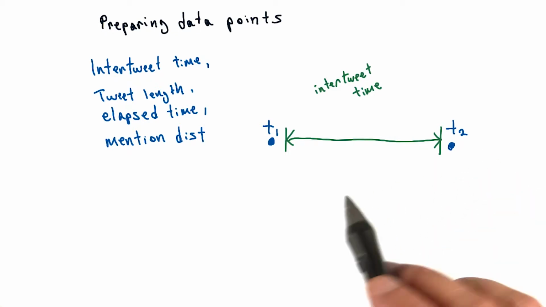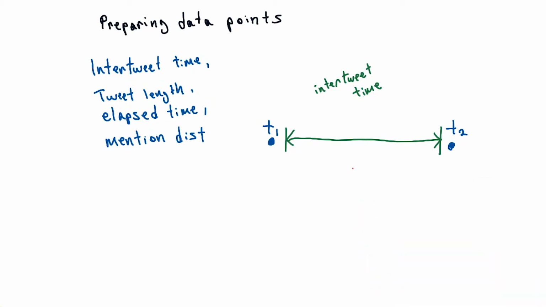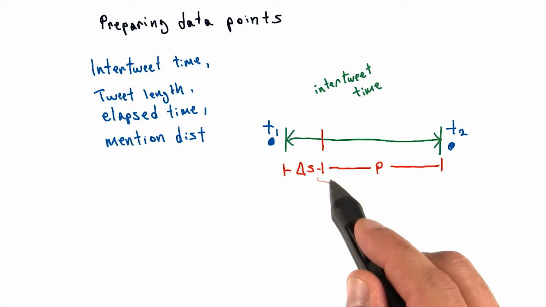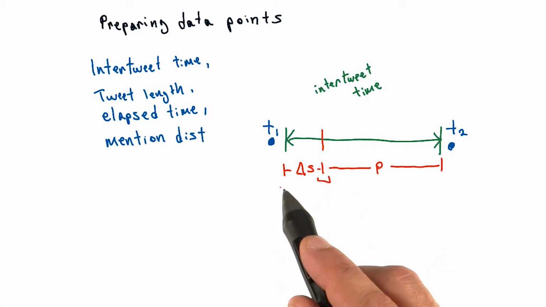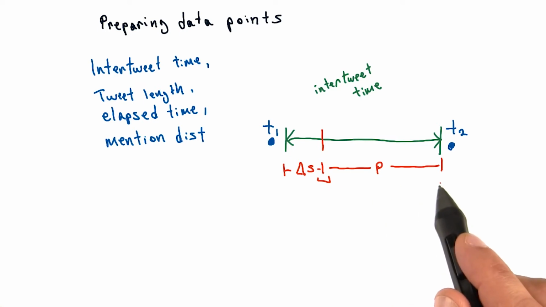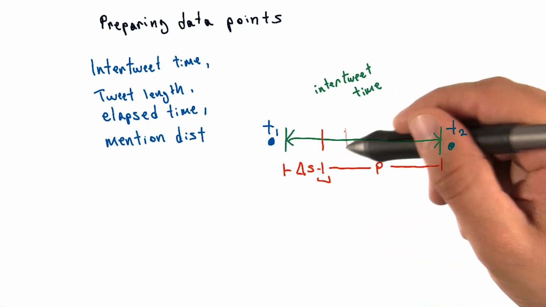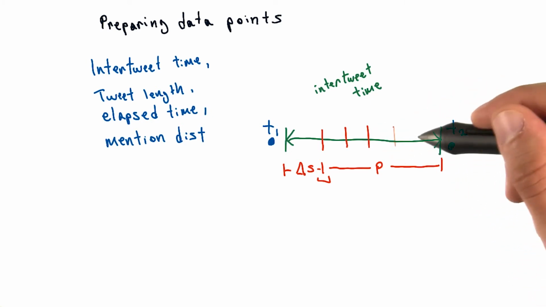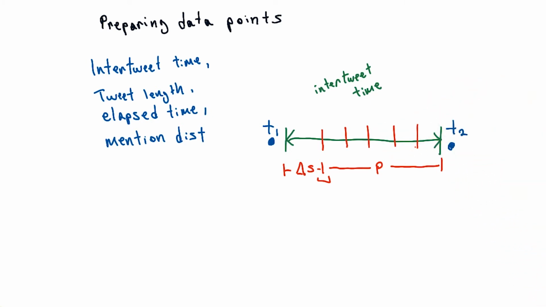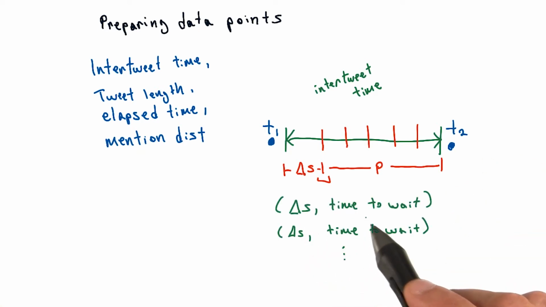For example, if this is the intertweet time between two given tweets, we can choose a point here and consider the beginning to that point to be elapsed time, and that point to the end to be the time to go. And we can consider putting that marker at many points, giving us many values of elapsed time and time to go.